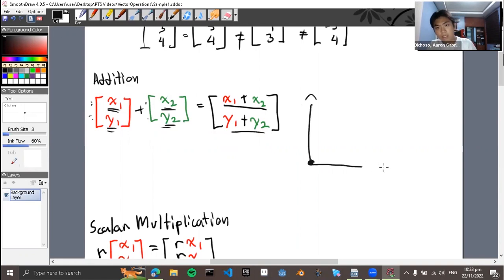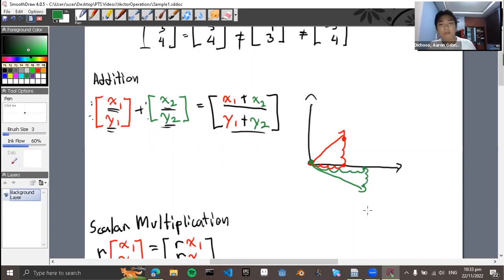Let's say we have a Cartesian plane. And let's represent this x1, y1 as something like this, wherein we move a couple of steps to the left, a couple steps to the right. And let's say our x2, y2, our second vector, would look something like this. A couple of steps along the x-axis, a couple steps down on the y-axis.